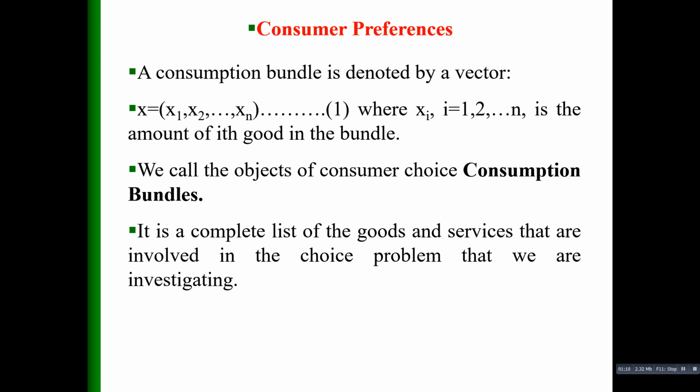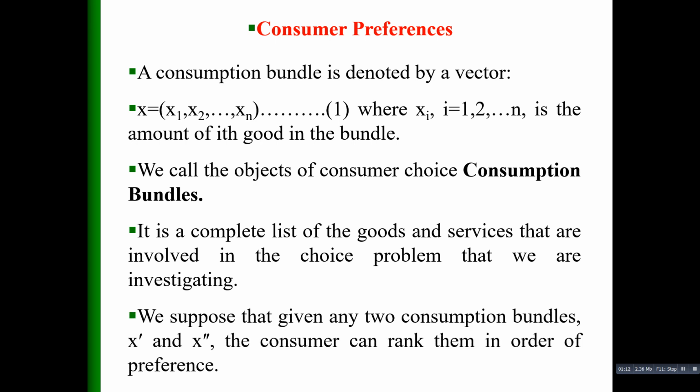investigating. We suppose that given any two consumption bundles, x prime and x double prime, the consumer can rank them in order of preference. And what is that order of preference?